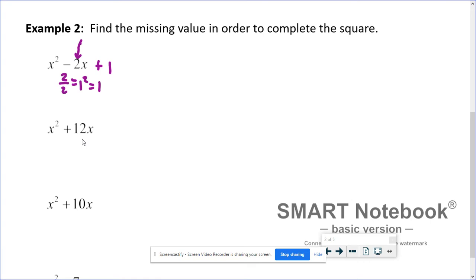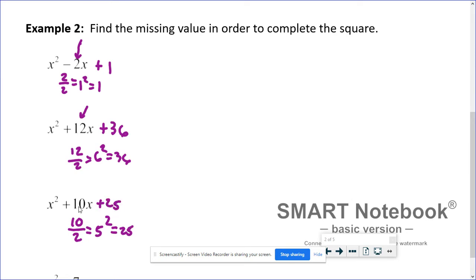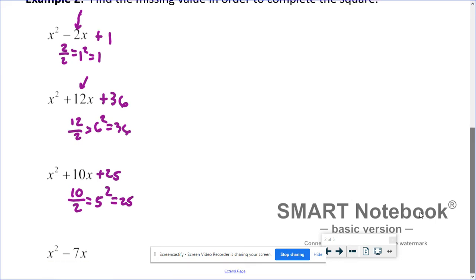We're going to use this skill in example 3 in the whole process, but that's all we're practicing right here. So again, you just take that linear coefficient, divide it by 2, and you square it. So that's 36 for this one. Take 10, divide it by 2, you get 5. Square it, you get 25. So we're adding 25 to both sides to complete this square. These are all now perfect square trinomials.